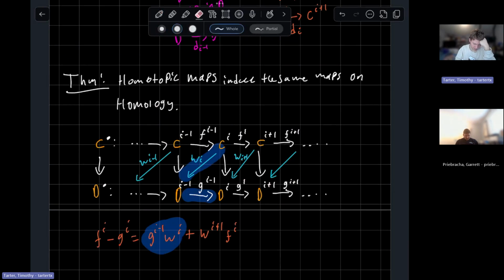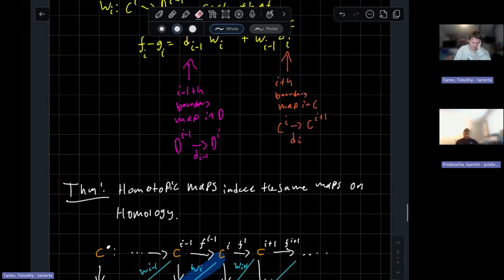Good catch. Fi and wait, that doesn't make sense. Wi and gi minus 1 makes sense. Wi plus 1 makes sense with fi, because if it were fi minus 1, then that makes no sense.